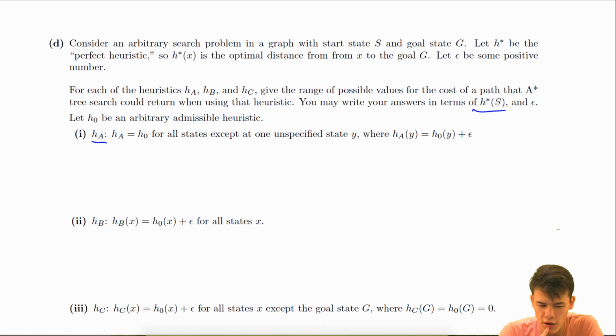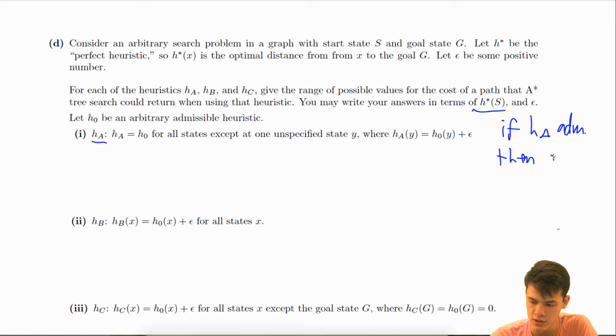So right off the bat, let's think. If HA or HB or HC were ever admissible, then if we run A star tree search using that heuristic, we're going to get an optimal answer, right? So straight off the bat, we can say if HA is admissible, then we know that the answer is a single number.